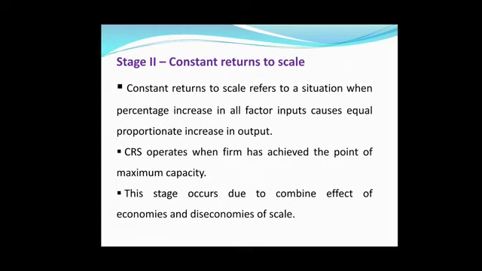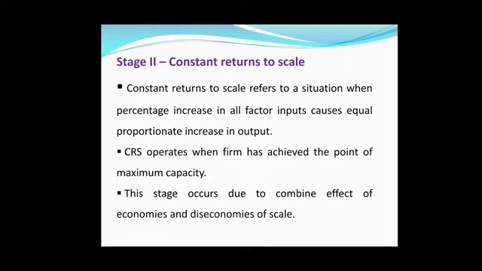Diseconomies of scale is the opposite of economies of scale. These are the cost disadvantages that accrue to firms due to an increase in organizational size beyond their maximum capacity, which results in production of goods and services at increasing per unit cost, or we can say at increasing average cost.